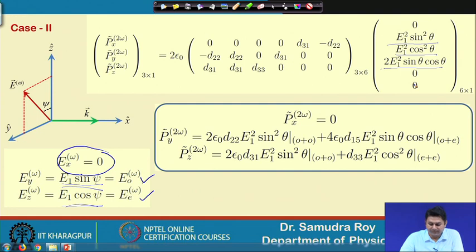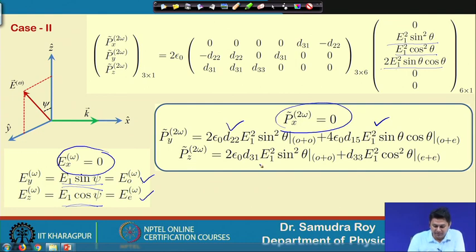Now if I calculate term by term, P x turns out to be 0. P y has a combination of terms. How to calculate? This multiplied by this 0, d 2 2 is non-zero, this 0 multiplied by this is 0, d 3 1 multiplied by this is again non-zero. So, these 2 terms are there, and also we find out what my P z is.